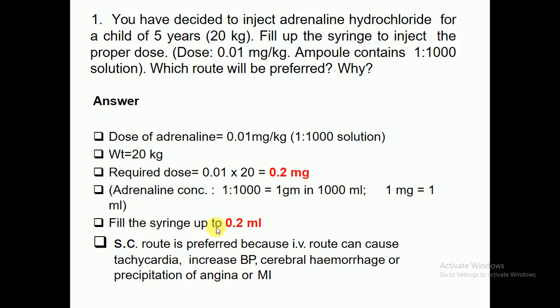It means fill the syringe up to 0.2 ml. So now this point is clear that 0.2 ml, the required dose is 0.2 milligram. So for a liquid we can't mention 0.2 milligram here, so instead of 0.2 milligrams, I will mention 0.2 ml because these are injections.